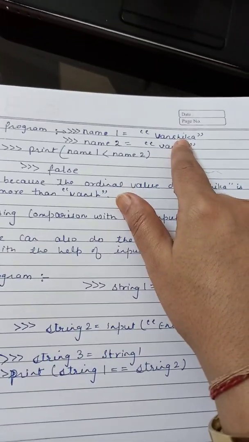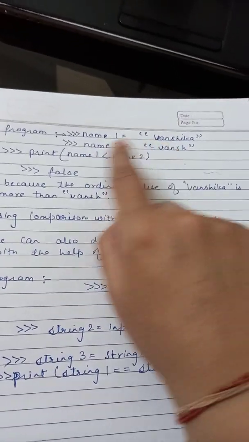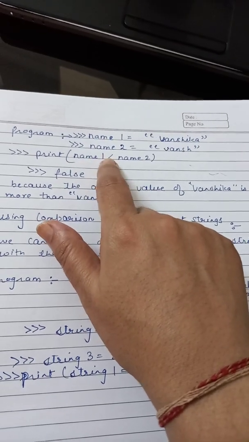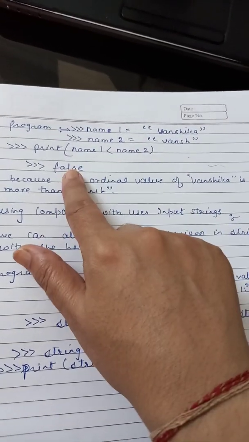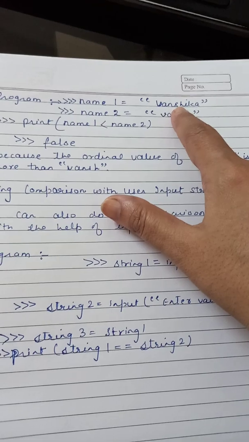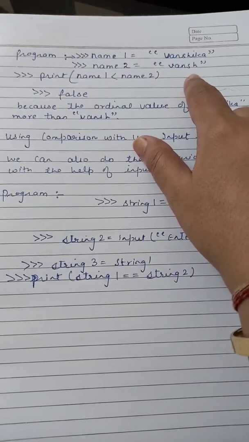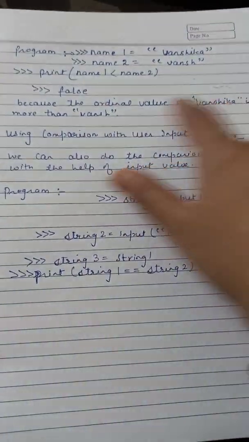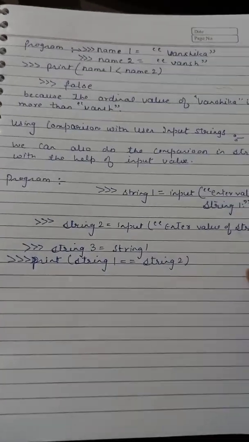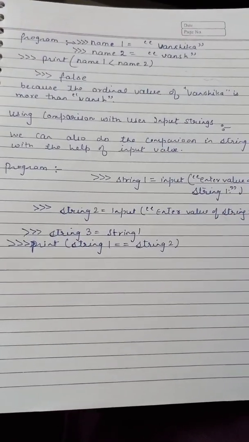Now name 1 is "Vanshika", name 2 is "Vansh". So when we print name 1 is less than name 2, it will give you false, because the character value of name 1 is more than name 2. The ordinal value of Vanshika is more than Vansh. That's why it will give you the result as false.